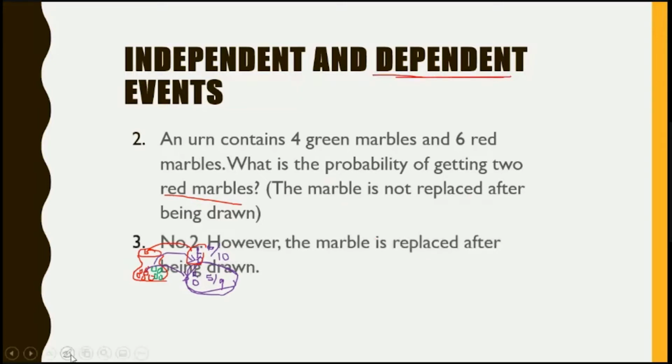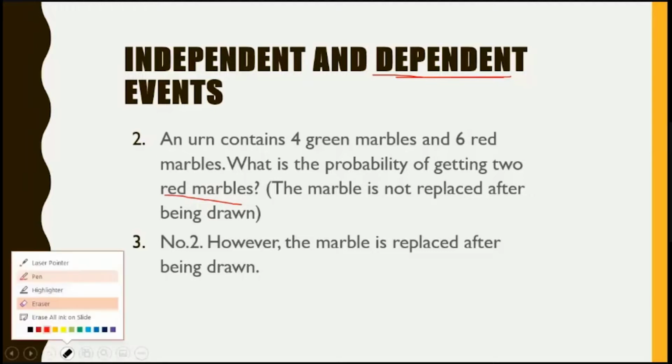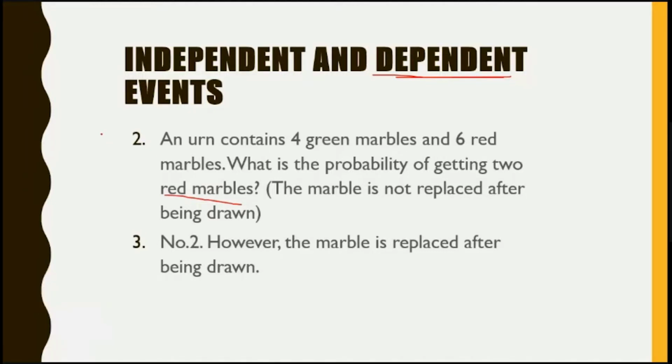As I have said earlier, when the marbles are replaced after drawing, these are now independent events. Number 1 and number 2 are dependent. Number 3 is independent events.